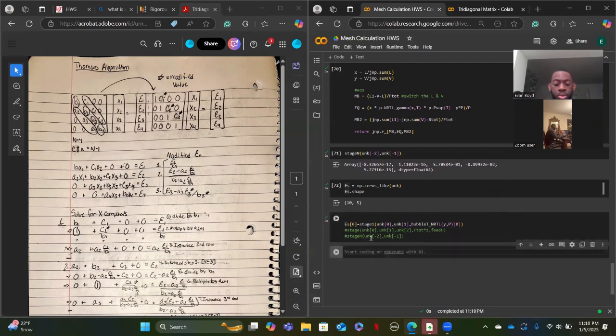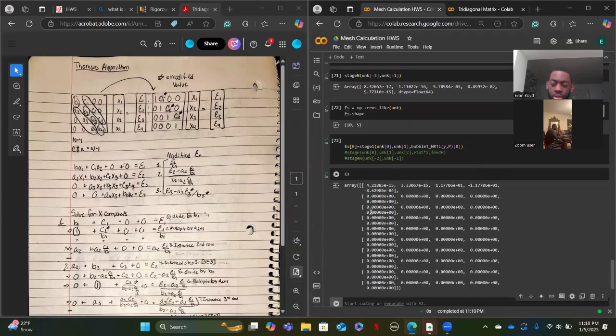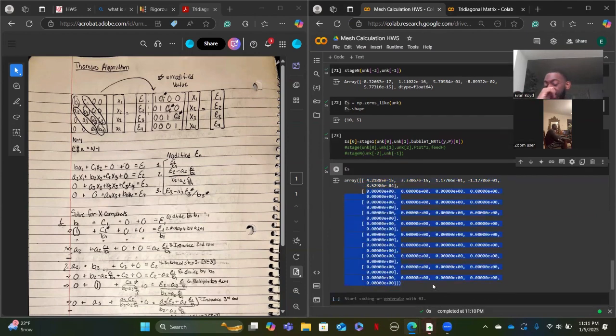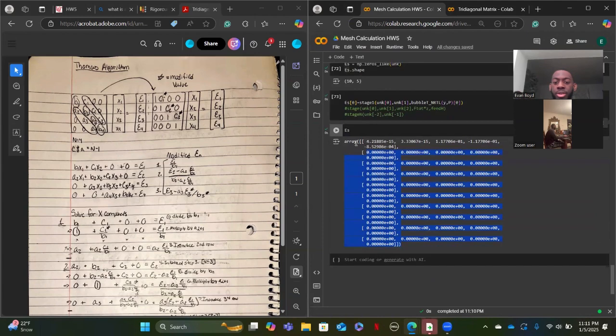Now if we look at our E's, we have our first column filled out, representing the first stage, and we have the rest to fill out later.